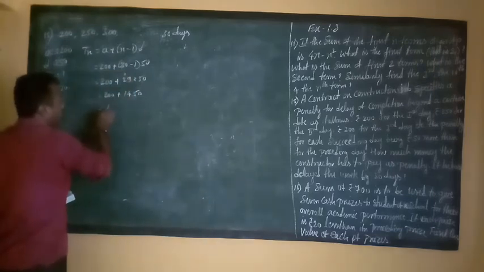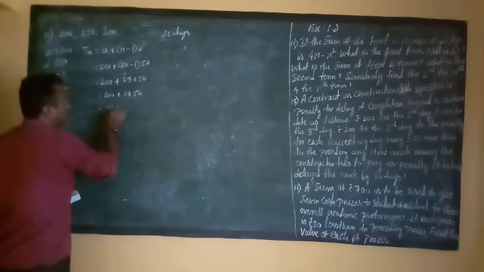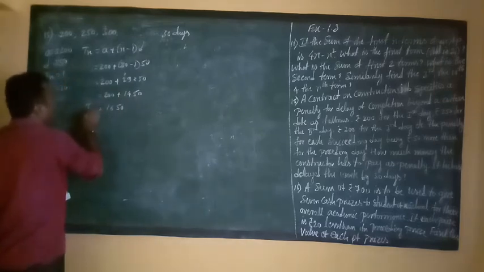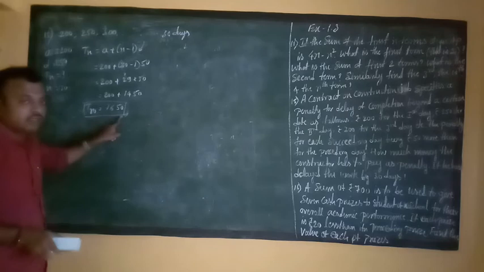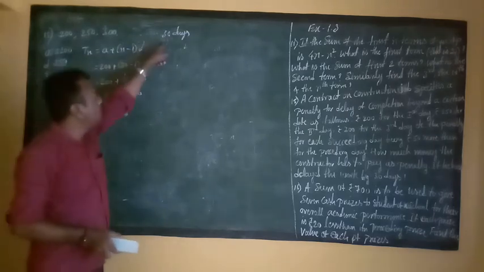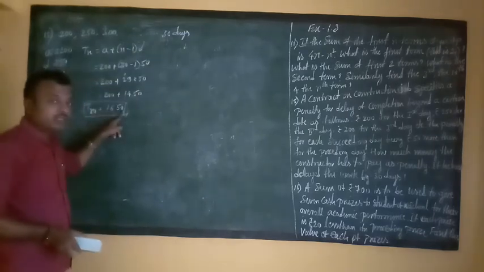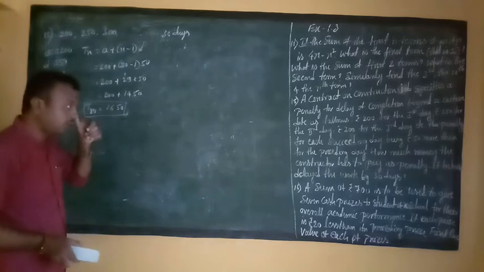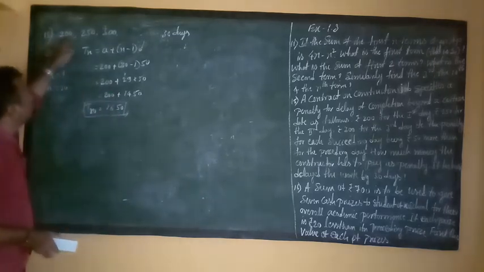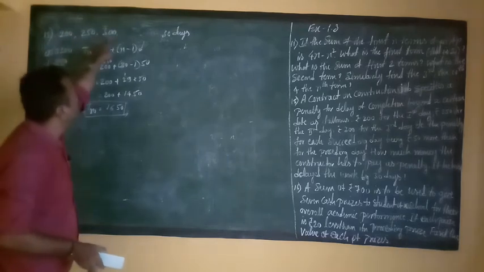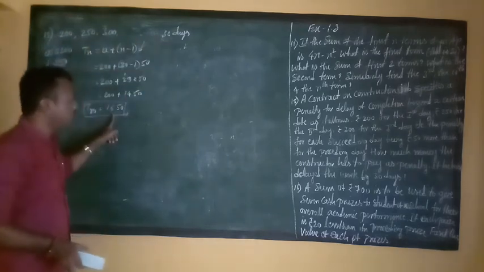If you add 200, it becomes 1650. So this is Tn, that means T30. In 30 days he has to pay 1650 rupees. First day penalty 200, second day 250, third day 300, in 30th day 1650.